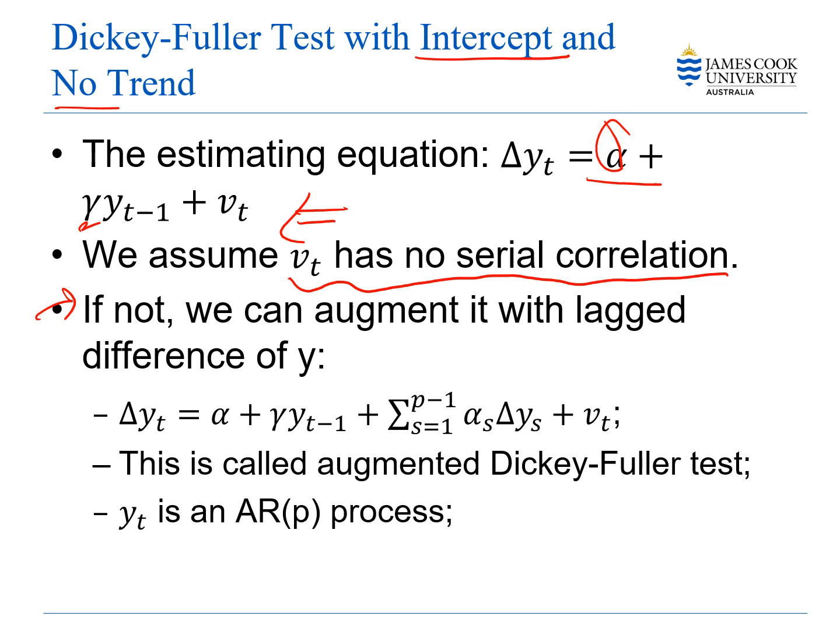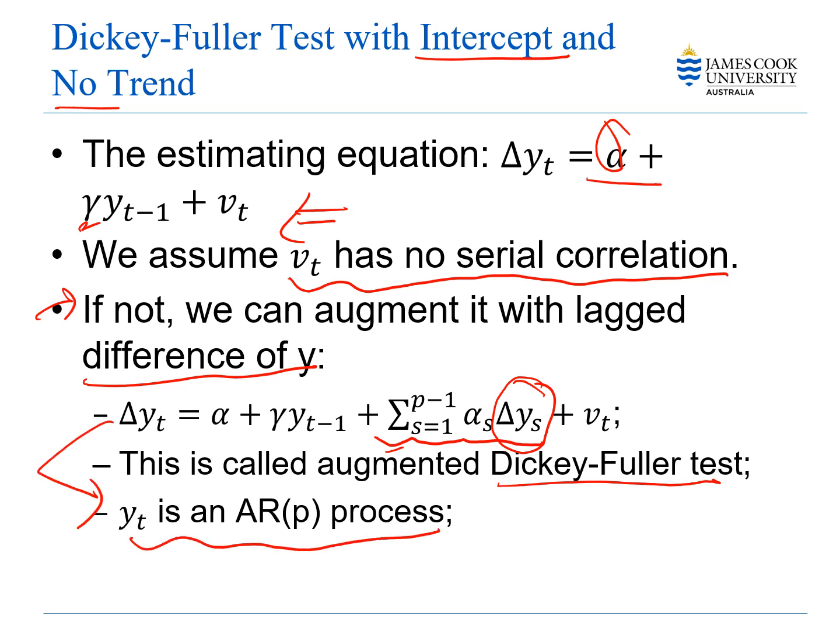So we can augment it with lagged differences of y to absorb these autocorrelations. So we add these lags of the difference of y for p-1 periods. And this is what we call the augmented Dickey-Fuller test. And this corresponds to yt being an AR(p) process.